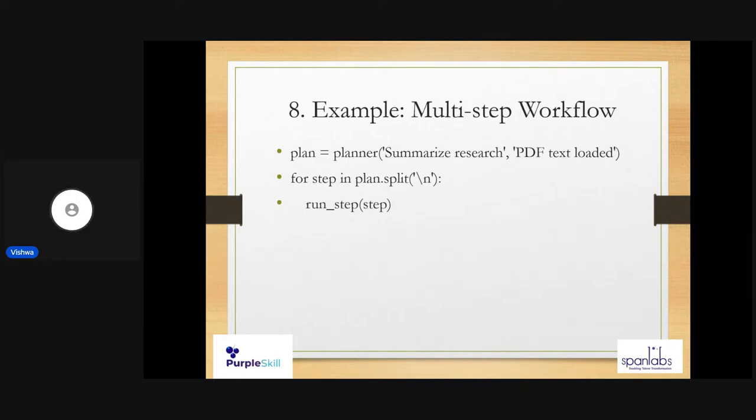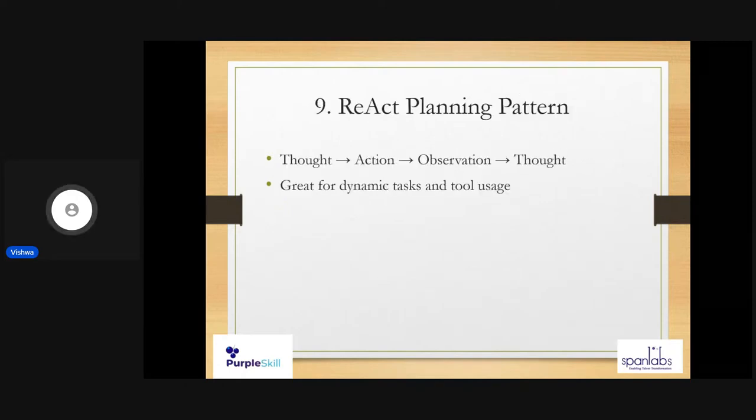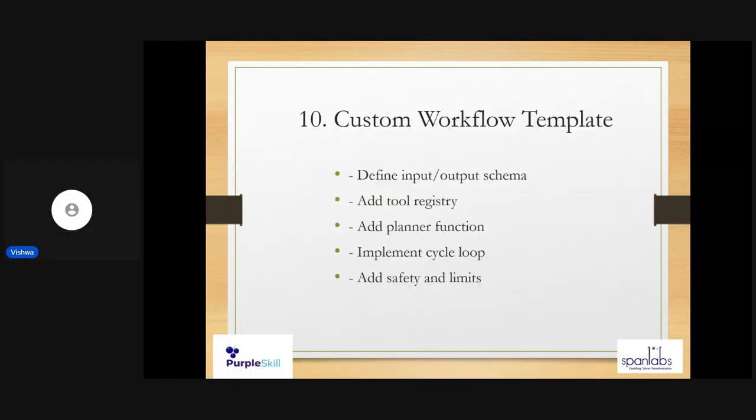Okay, so multi-step. As we know, ReAct, which we have already learned: thought, action, observation, thought. This will keep on repeating till we get the solution of our choice, correct? Some of the important things we have in a custom workflow are the input and output schema.